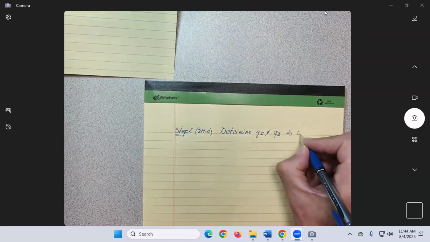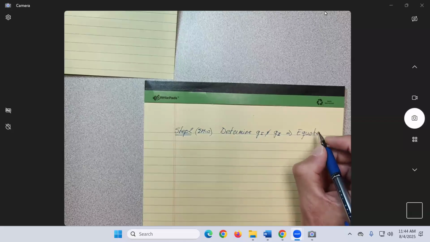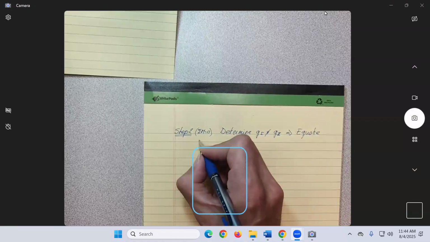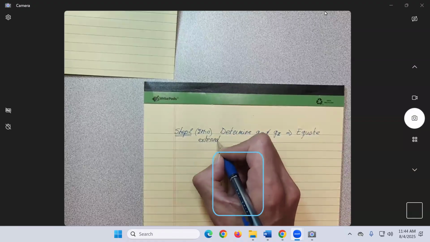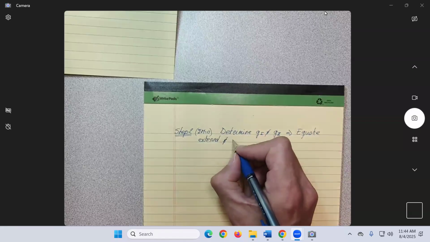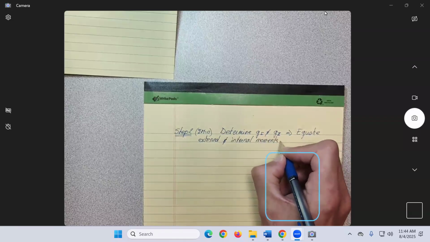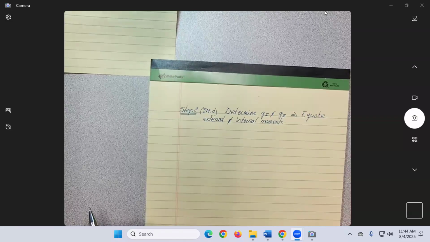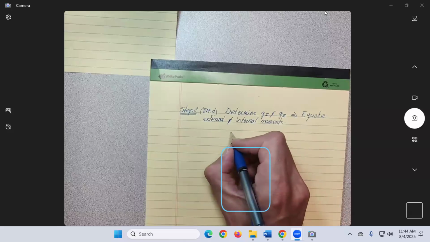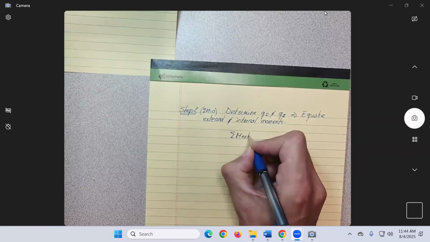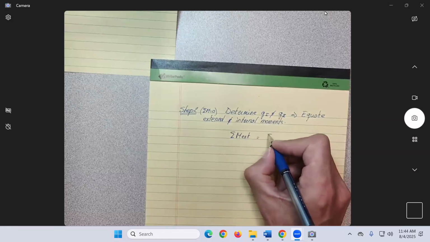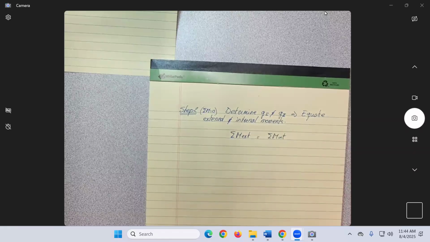And in order to do that, what do we do? We equate the summation of external moments equal to the summation of internal moments.